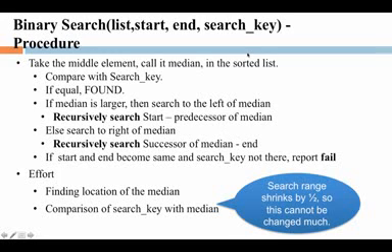Now, of course, it is very important for us to say when we will report that a search has failed to find the key. If start and end become the same, then if the search key is not in that particular location, we report failure. The other way of thinking of it is that when the start and end cross each other and you have still not found the search key, then it means that the search key is not available in the given data set.